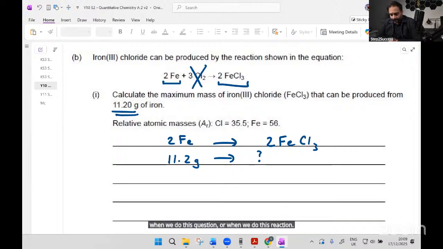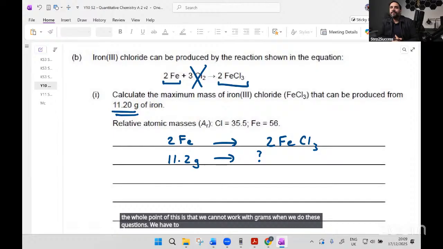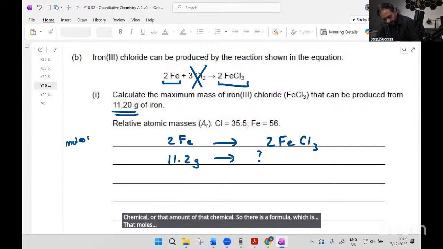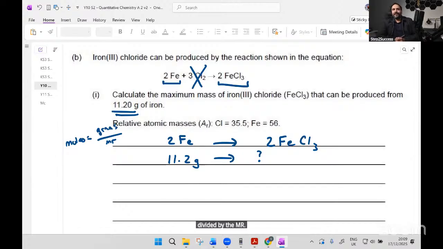The whole point of this is that we cannot work with grams when we do these questions. We have to convert the grams to something called moles, which are a unit of measurement that tell you effectively the number of particles that are in that chemical or that amount of that chemical. So there is a formula, which is that moles equals the mass in grams divided by the MR, or the relative formula mass of that chemical.